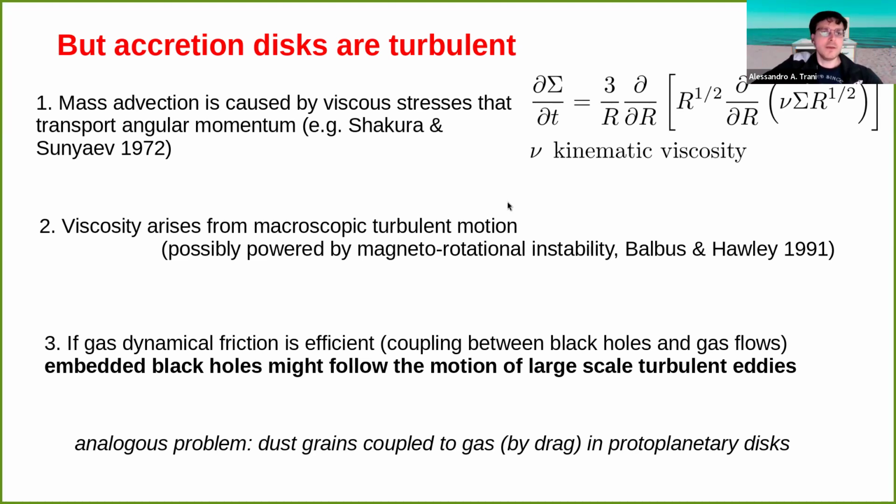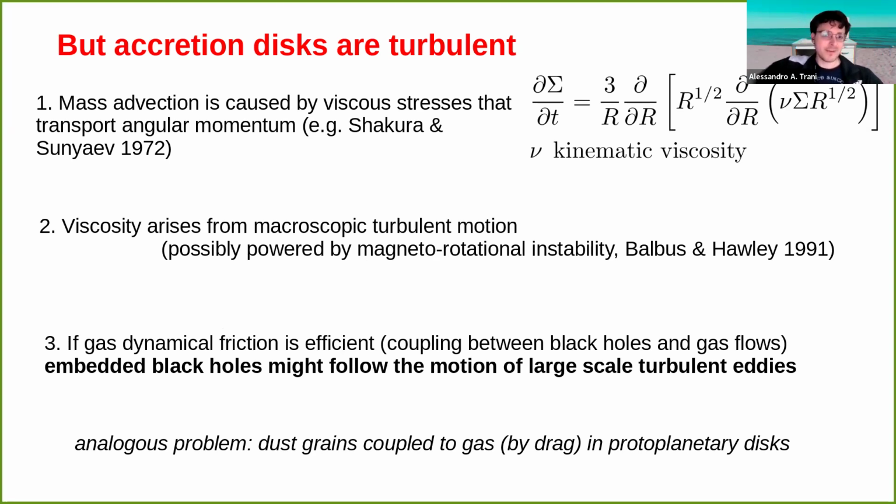And we think nowadays that this viscosity arises from macroscopic turbulent motion, possibly powered by an instability of magnetized gaseous media in a differentially rotating disk. And if gas friction is very efficient, there is a tight coupling between black holes and the gas flows.